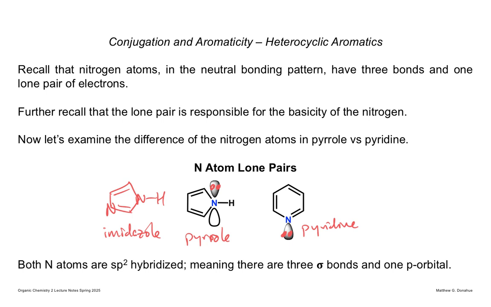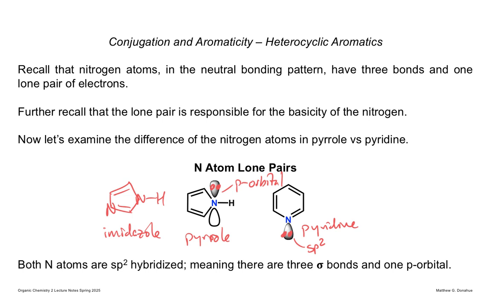But it's not because it's in the ring with these other pi bonds. The hybridization's different. And as a consequence of that, the lone pair resides in a p orbital. Whereas in pyridine, the lone pair resides in an sp2 orbital.